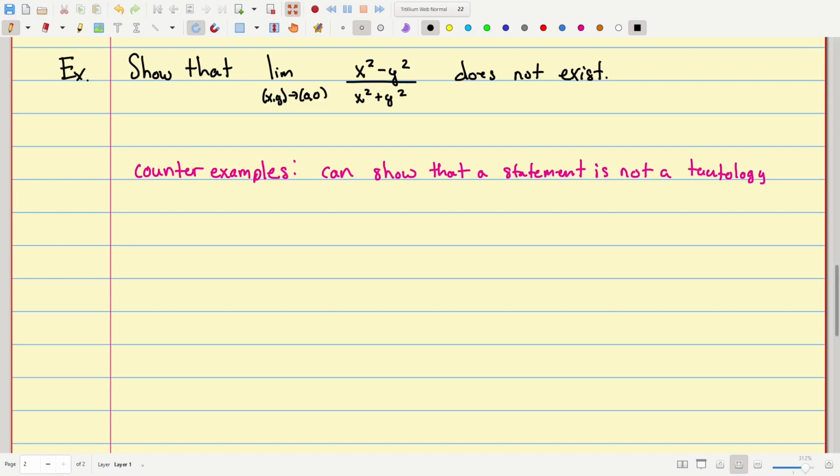So here we're just looking for a counterexample, and all we need to do is pick a couple of paths that differ in the answer that they give. So let's choose the path x equals 0. That is, we're traveling along the y-axis.